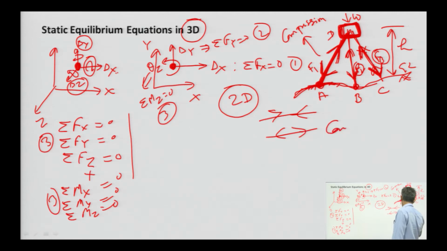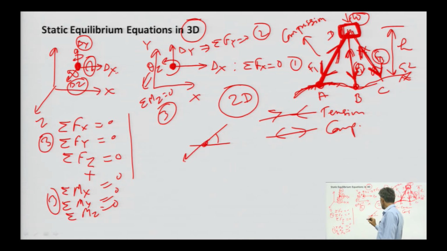So, what will the total vertical pressure at points A, B, C be? It will be W. If this is inclined at an angle at point A, F1 is acting at this angle theta.